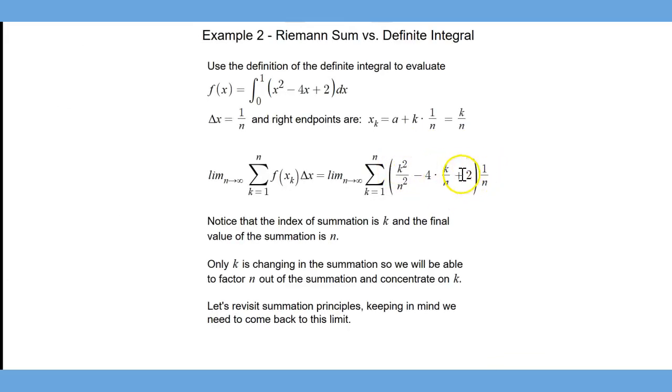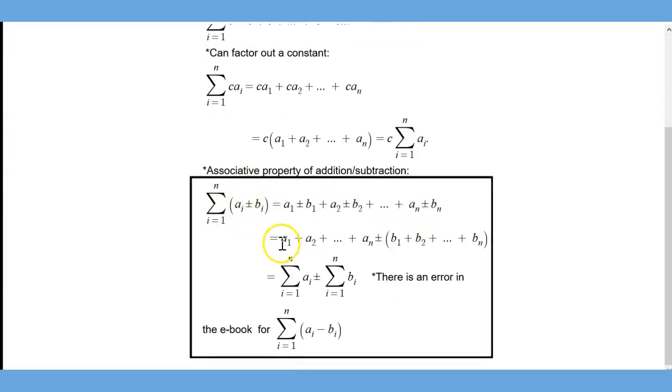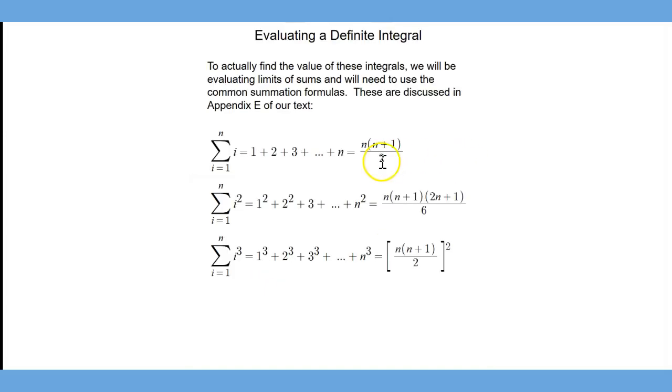That's just a constant. And then the associative property says that the sum of two functions added together, I can take them separately as the addition of the sum of each function. So now we need to look at these formulas, because this is where we're going to be using these when we find the definite integral.